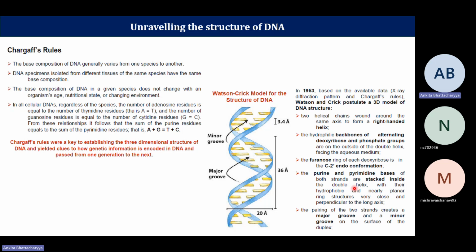And there are two types of grooves formed, the major groove and the minor groove, on the surface of the duplex. Why this is important is because this creates a site for the binding and docking of transcription factors, which will be able to recognize elements along the length of the sequence and then initiate transcription as and when necessary.